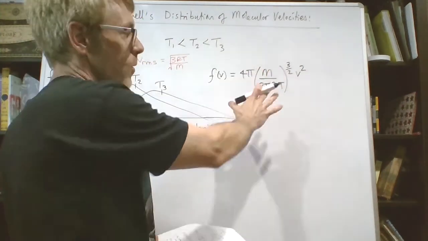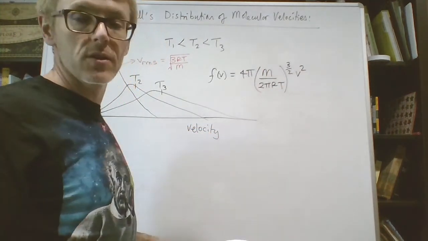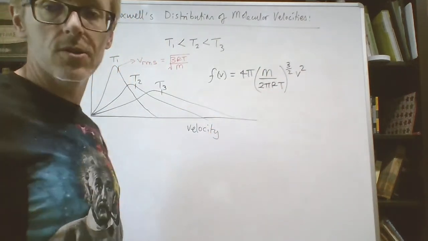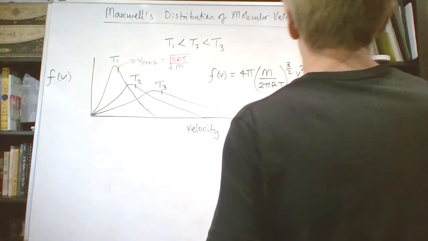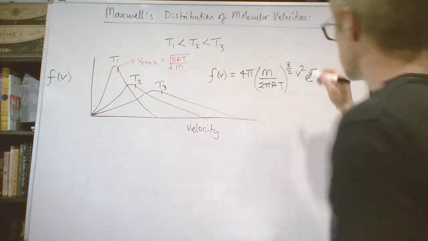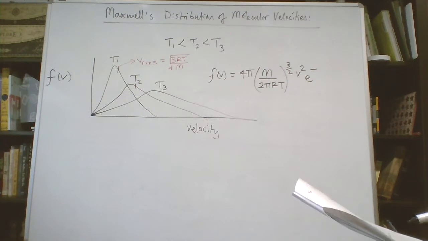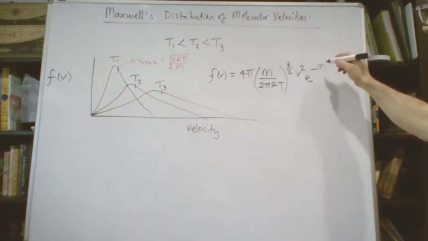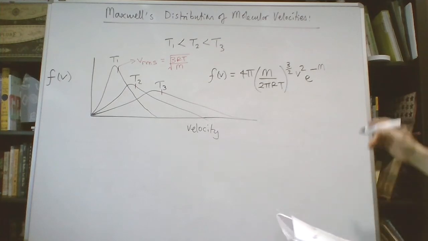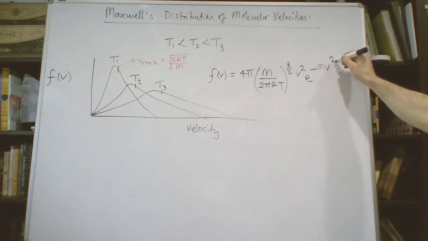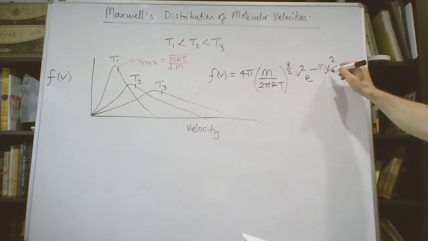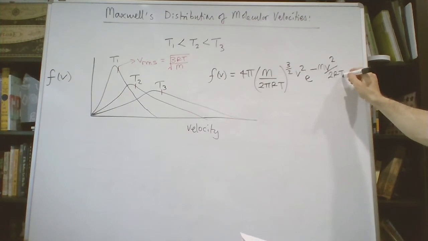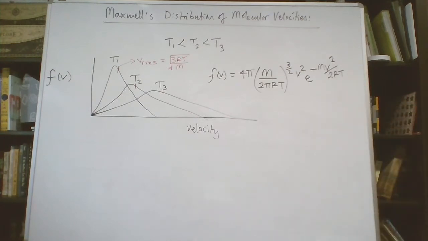So that's our coefficient, and then we have an exponential decay function. So it exponentially decays, e to the negative molecular weight times v squared over 2RT. So that's Maxwell's equation.